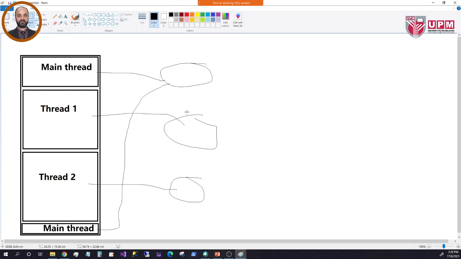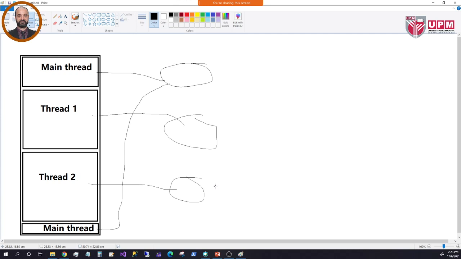Okay, one more thing. In this case, who can tell me the granularity? Is it fine or coarse? Guys, what's the granularity here?